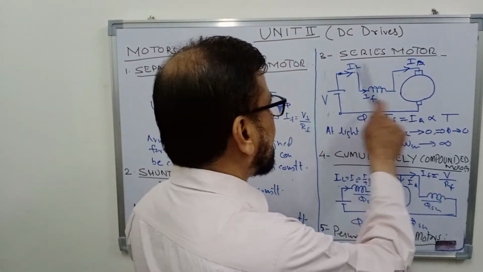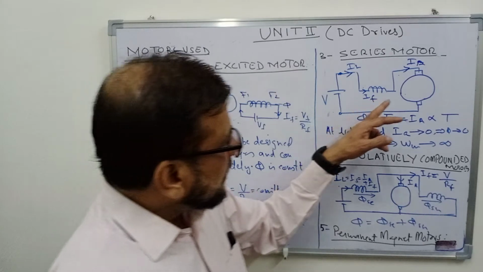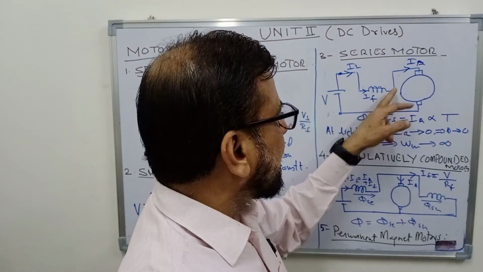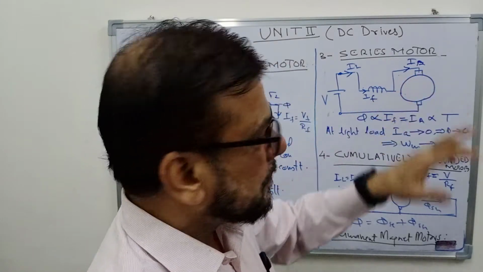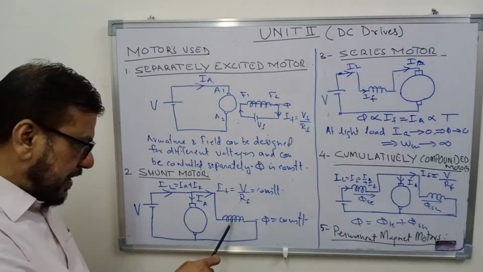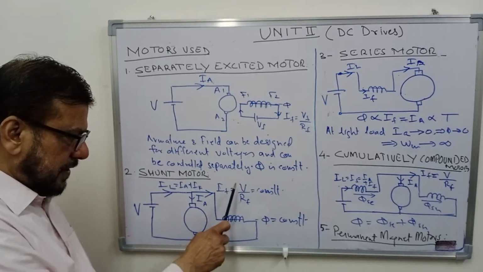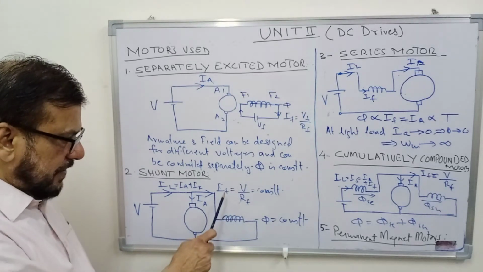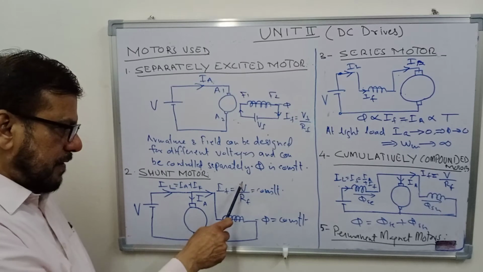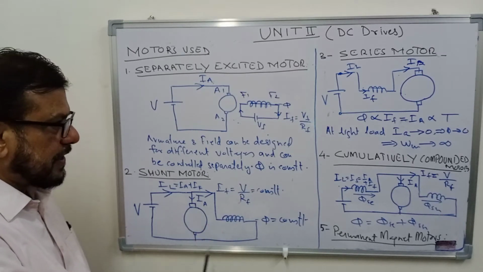The third variation is the series motor, where the field winding is connected in series with the armature. One thing you must remember is that this current If is much smaller than the armature current. It is tried to keep If as low as possible, V upon Rf, so that the major power flows through the armature winding.